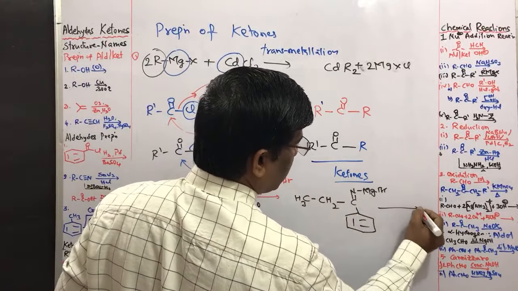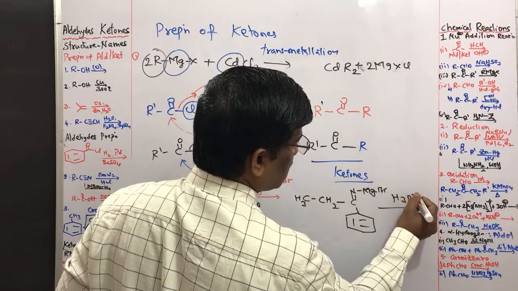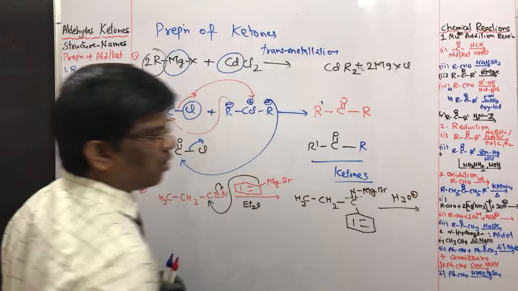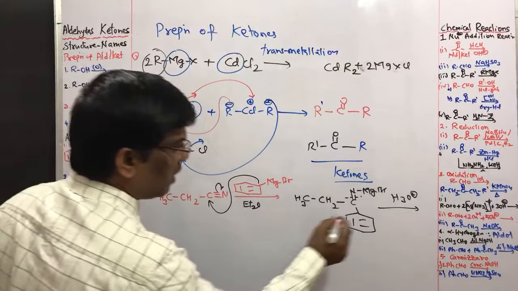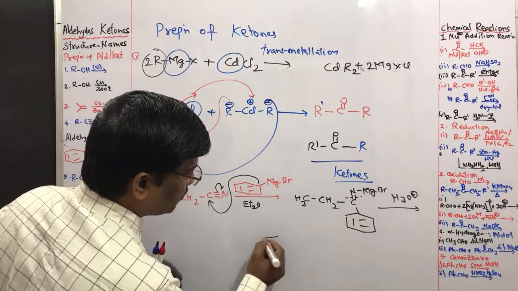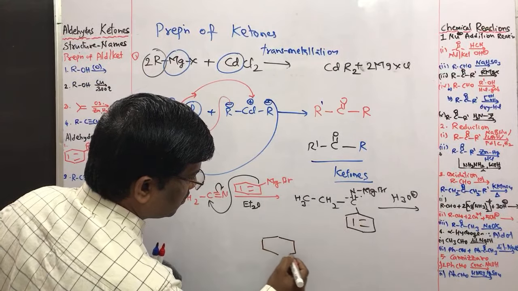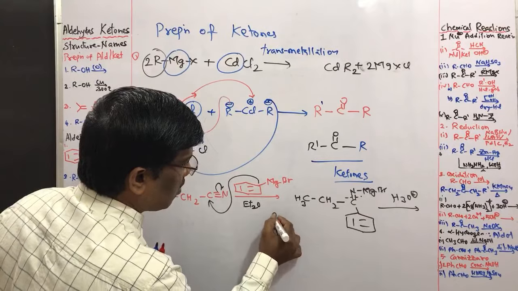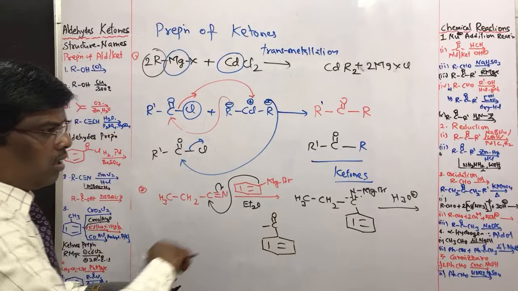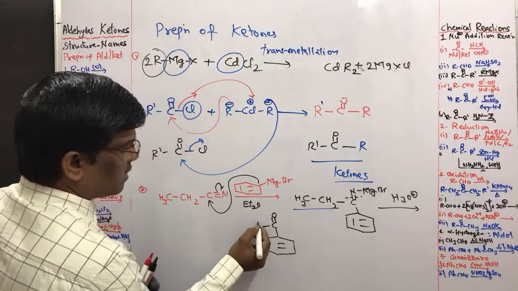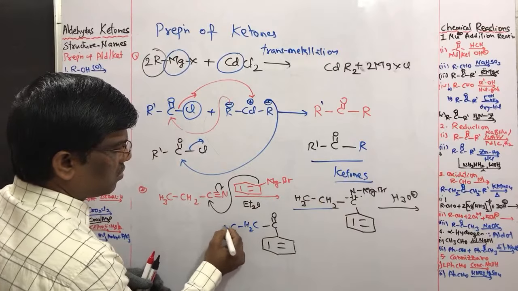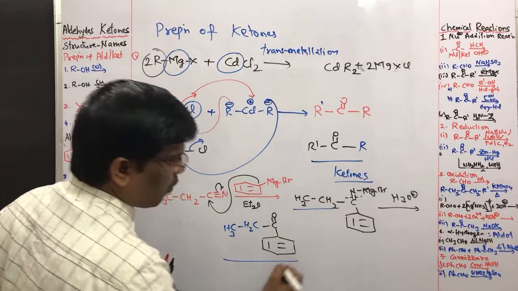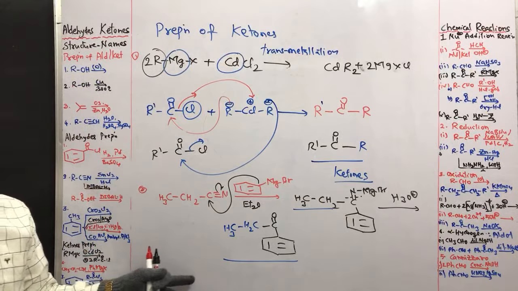This upon hydrolysis is going to give ketone. Can I write like this? C double bond O, and this is CH3CH2. What is this compound? The common name is propiophenone.